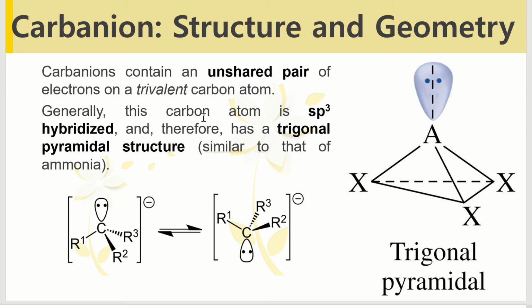The carbon is generally sp3 hybridized, and so we have the geometry here of trigonal pyramidal, right? So we have the carbon in the center. X represents any of the bonds, anything that is bonded to it, and then we have the unshared pair of electrons there.